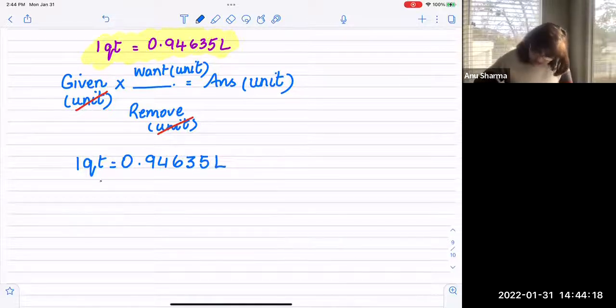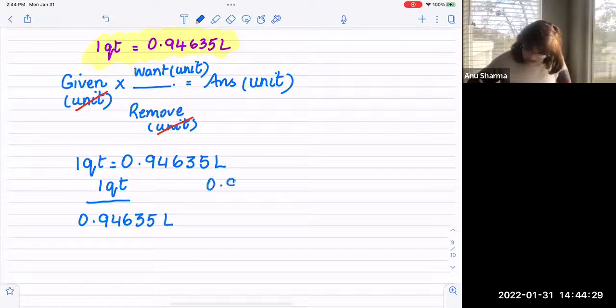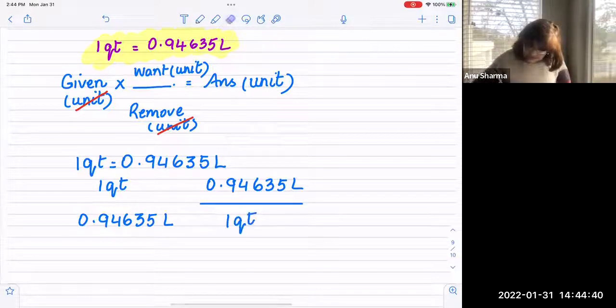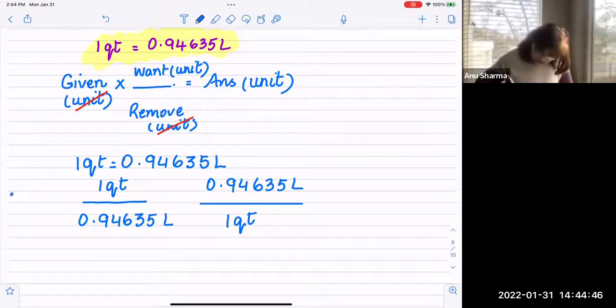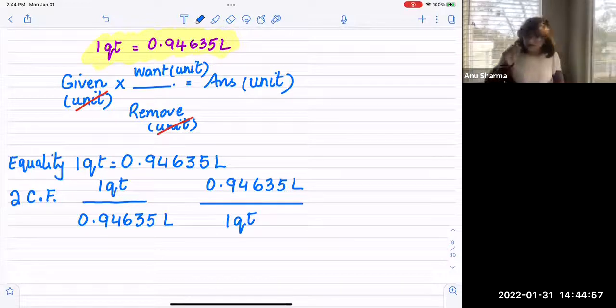The conversion factors are 1 quart over 0.94635 liters, or 0.94635 liters over 1 quart. The top one is the equality. These are the two things you would always need to find the unknown or to convert.